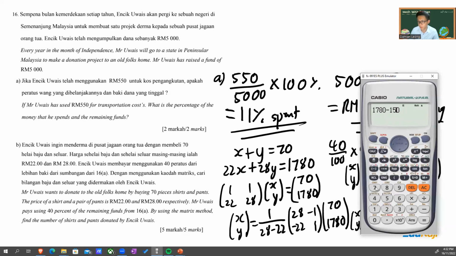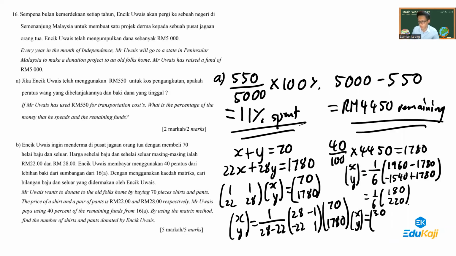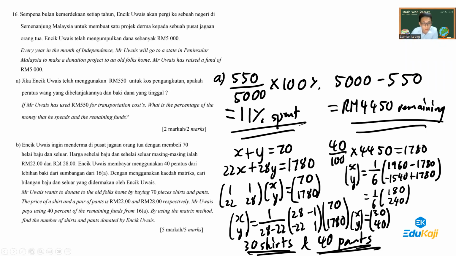Means 30 shirts and 40 pants. Yeah. Okay, that's part B.